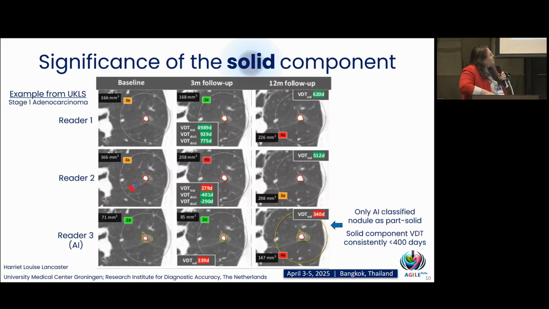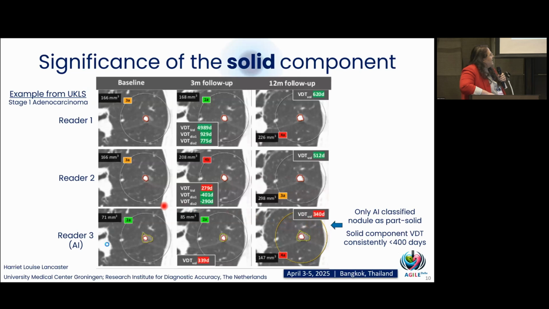If you take reader 2, again, they classified it as a solid nodule. Between baseline and 3 months, they say its volume doubling time is less than 400 days, so technically that would have been a positive. Then between 3 months and follow-up, it becomes a volume doubling time which would be negative.